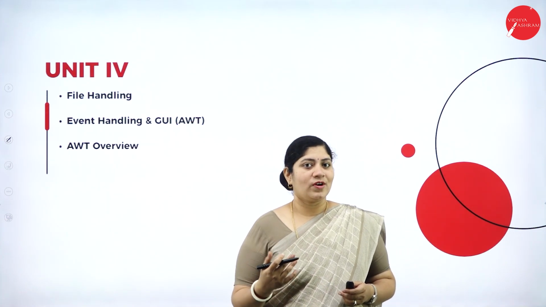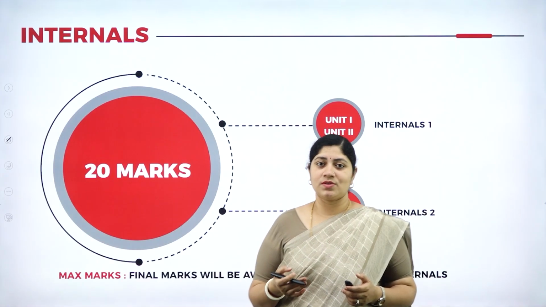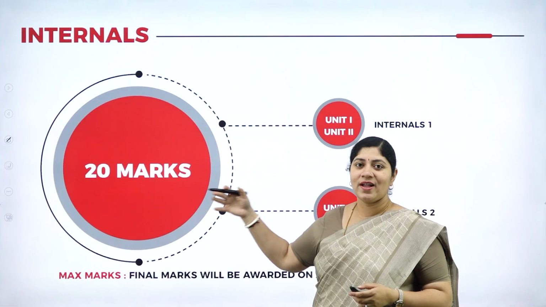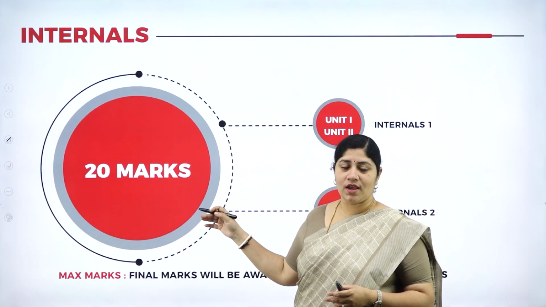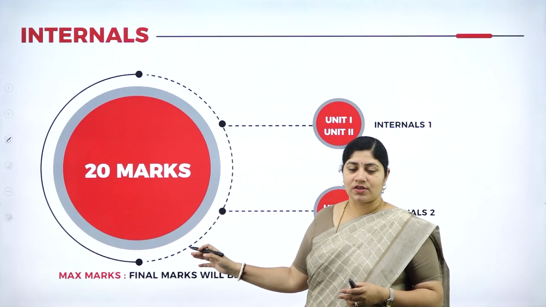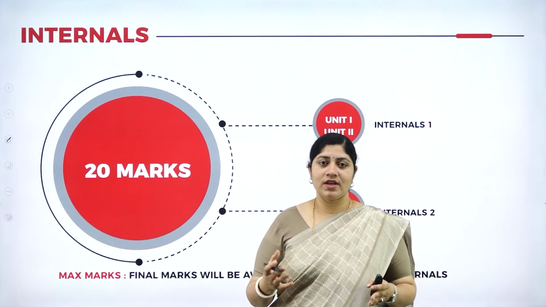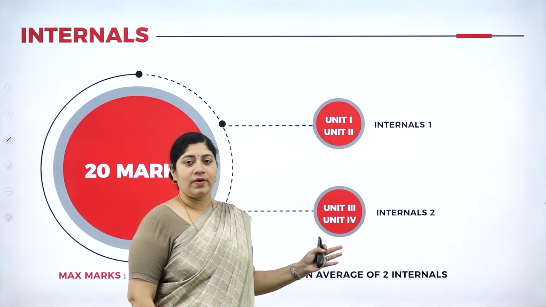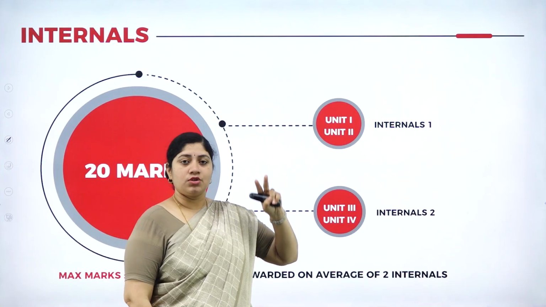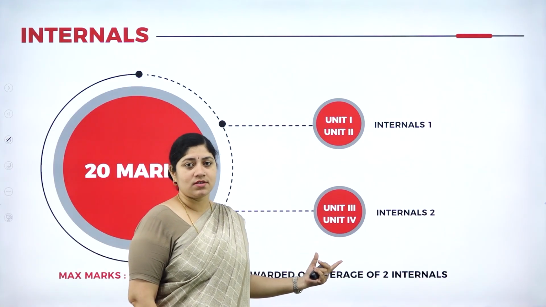Let's move forward and understand the internal marks allotment. As you know, the marks awarded for internals or IA is none other than 20 marks. Now, how many internals are there? How are the units split? Yes, there are a total of 2 internals wherein you will study 2 units for the first internal and the next 2 units for the second internal.